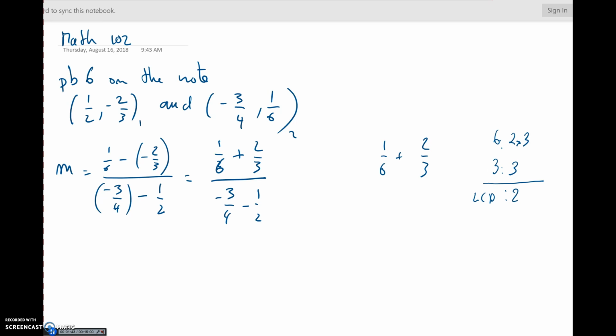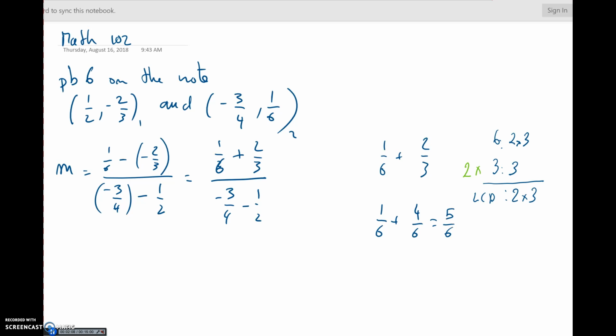Factor 2, power 1, factor 3, power 1, so 2 multiplied by 3 is my LCD. Therefore, I need to multiply this denominator by 2 to make it look like my LCD. So now this fraction equals 1/6 plus 4/6, and the answer is going to be 5/6.